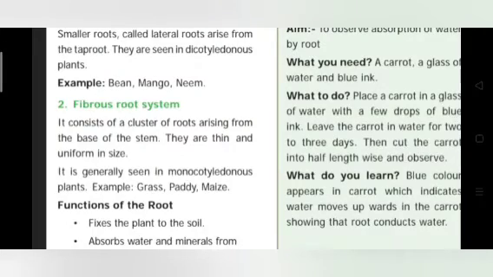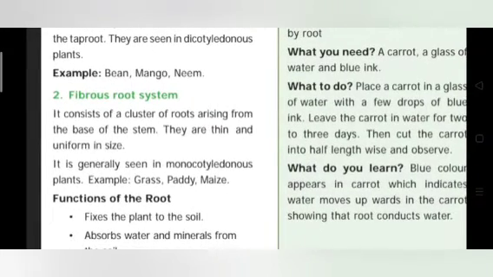The next one is fibrous root system. The fibrous root system consists of a cluster of roots arising from the base of the stem. They are thin as well as uniform in size.